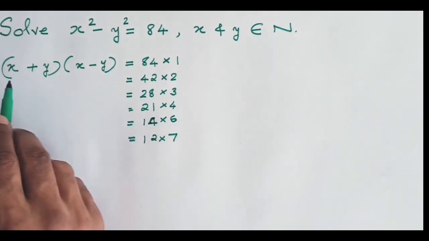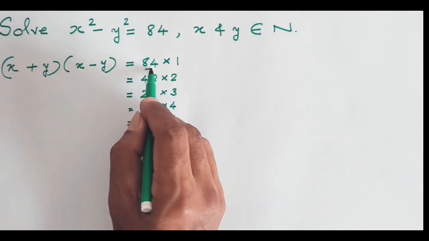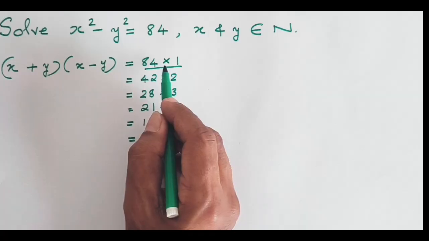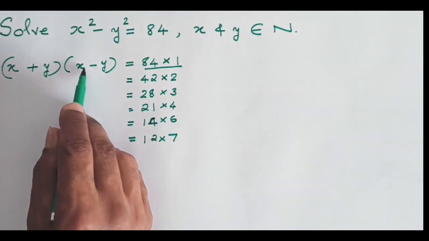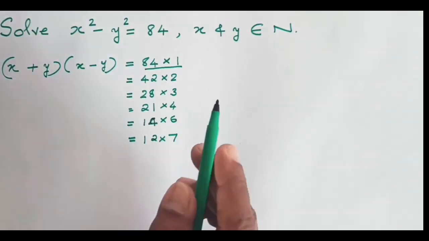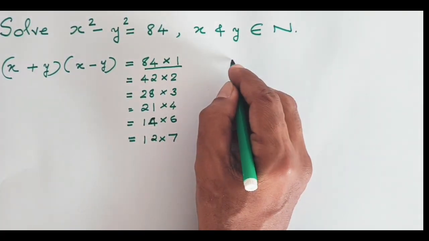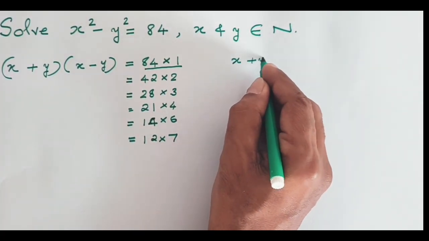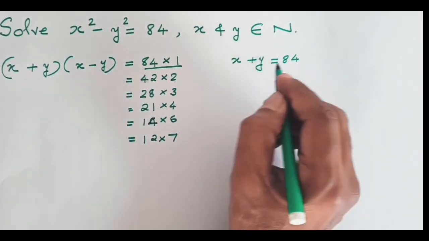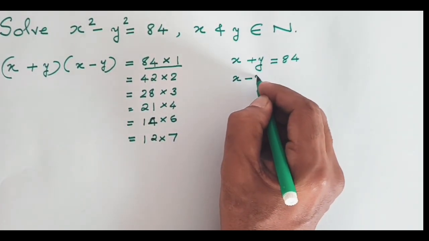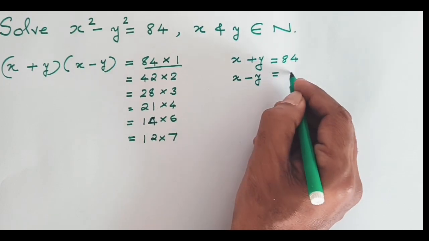For example, if you take the first splitting, 84 multiplied by 1, this implies x plus y equals 84 and x minus y equals 1. Let me write them separately. x plus y equals 84, x minus y equals 1.